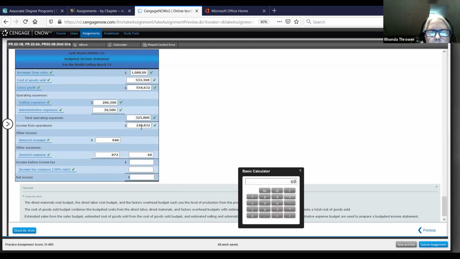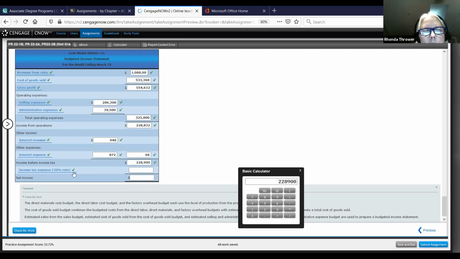So we're going to add the 228,832 plus the $68, which will give you your income before income tax of 228,900. Check your work.